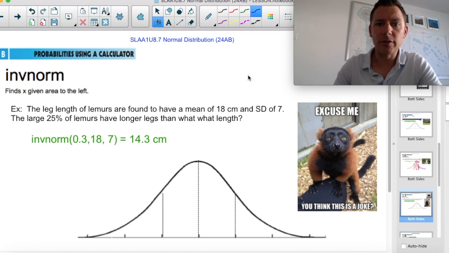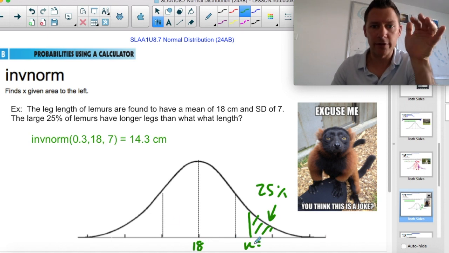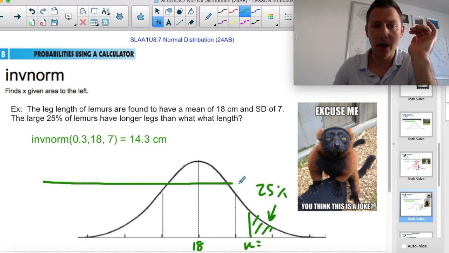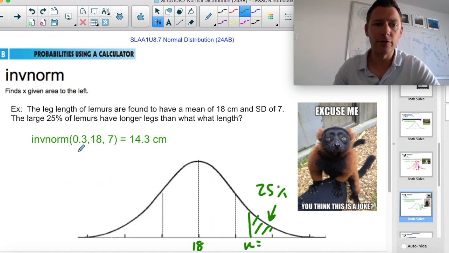So we'd essentially be looking for this over here. I want this to be 25%. What is this spot? I know this is 18. Most of your calculators only go from the bottom up and fill until they hit whatever value you want. So if you did the same thing and you put 0.25, it would find you a value down here. And it would tell you a tiny leg length, and it wouldn't make sense.